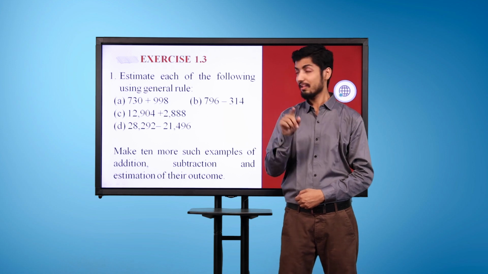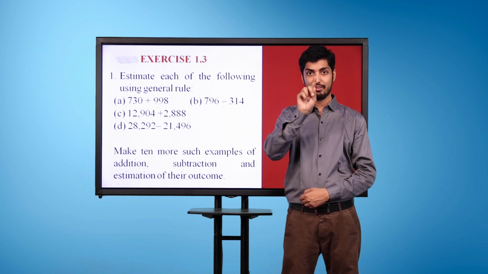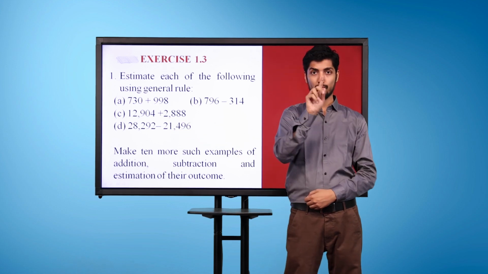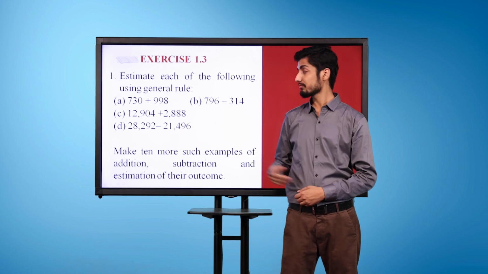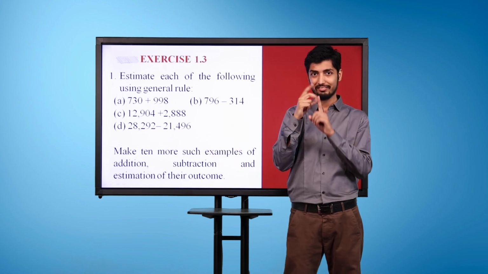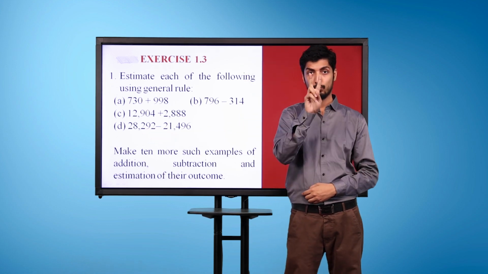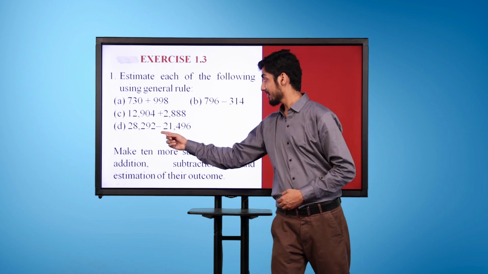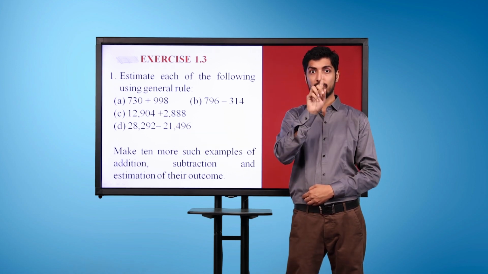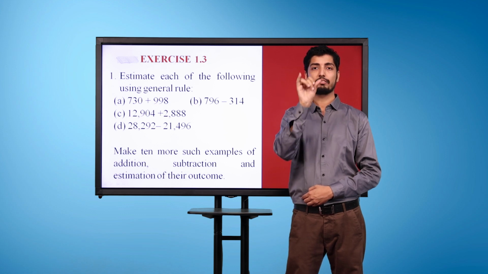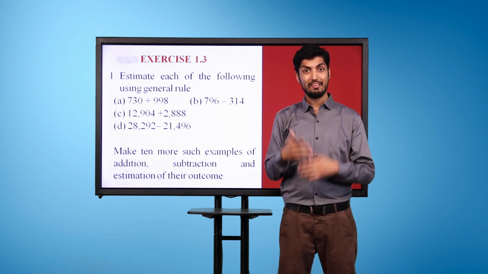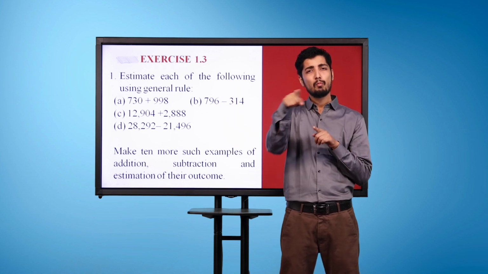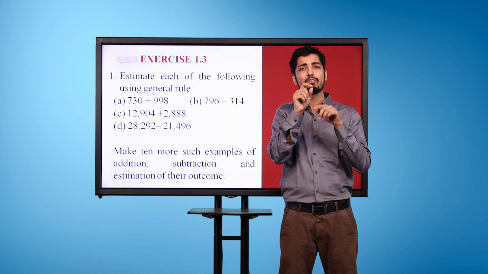C. 12,904 plus 2,888. D. 28,292 minus 21,496. Make 10 more such examples of addition, subtraction, and estimation of their outcome.